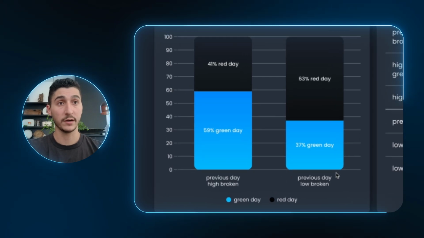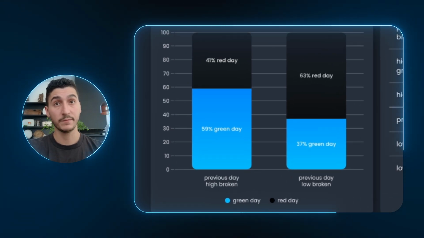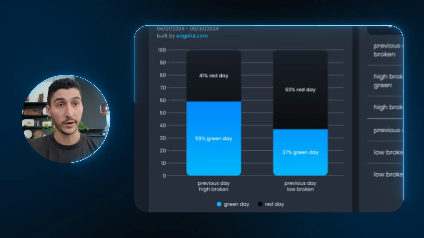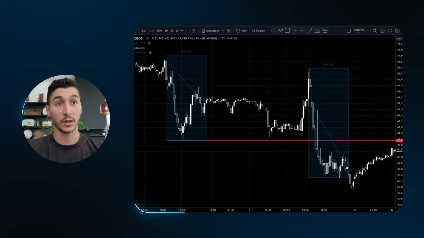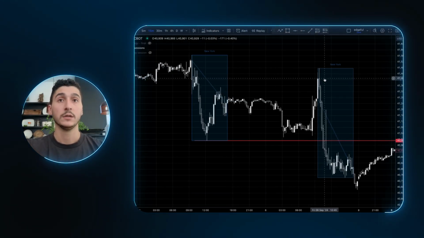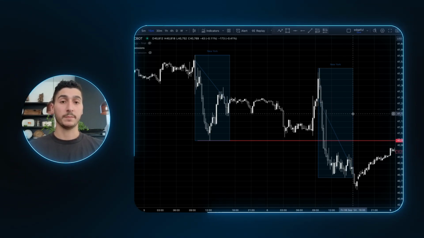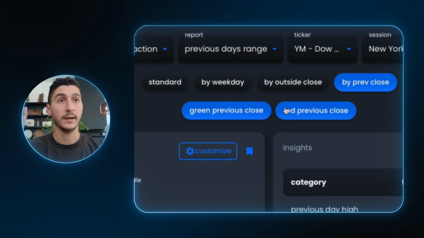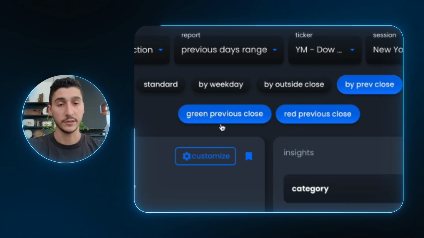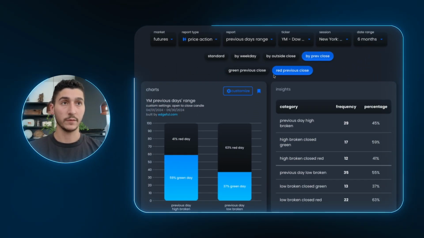So you can see right here, 63% of the time when we break the previous day's low and yesterday was red, today will close red as well. So this is the way you want to look at it. You look, is yesterday red or green? That's number one. That's where you go up here to check, is yesterday red or green? That's where you go over here.